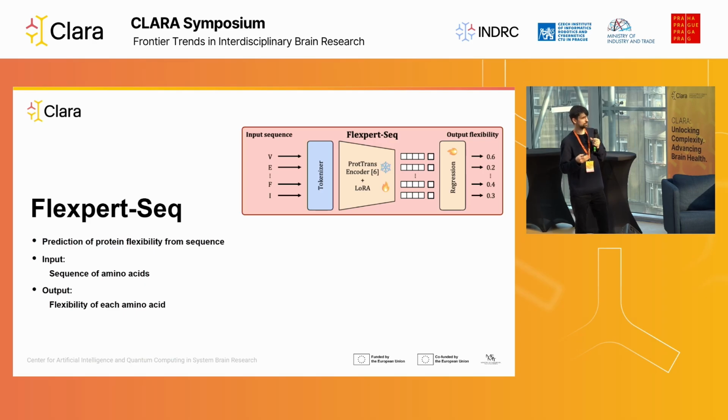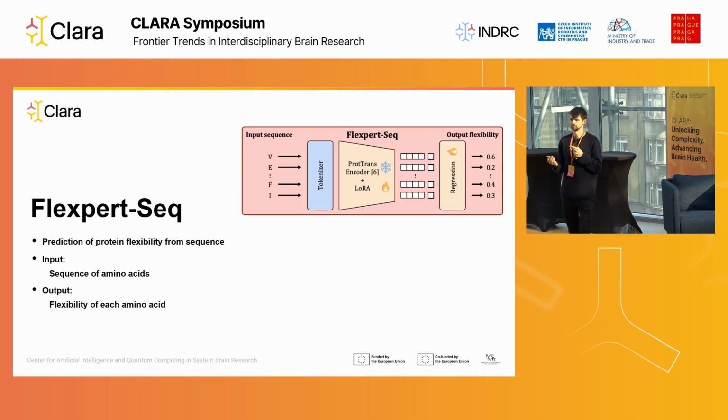So we developed two versions of the predictor. The first one is called FlexPertSeq, and that's working with the protein sequence. So it takes on the input the sequence of the protein and outputs the flexibility for each of the amino acids. And to develop this predictor, we work with protein language models.